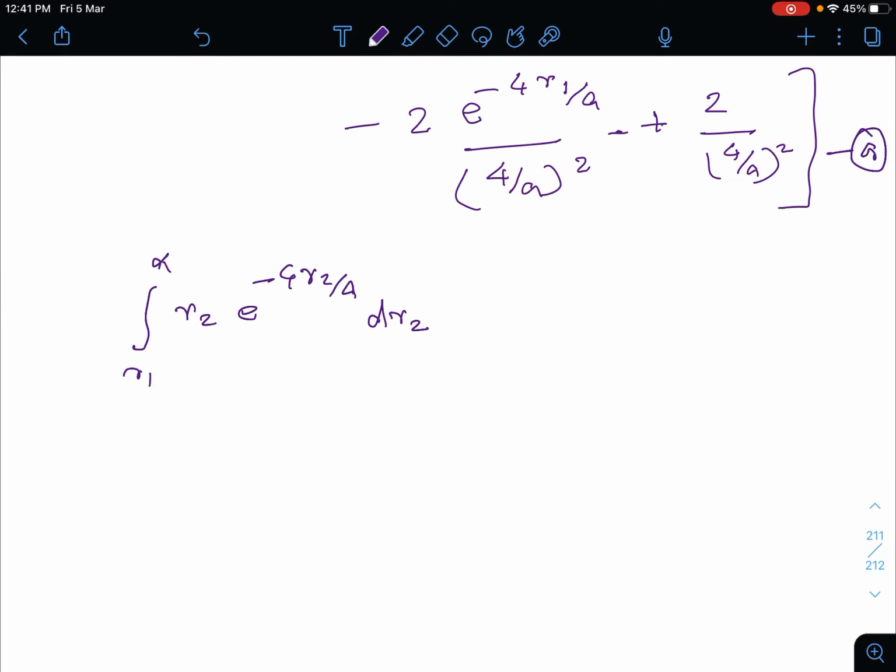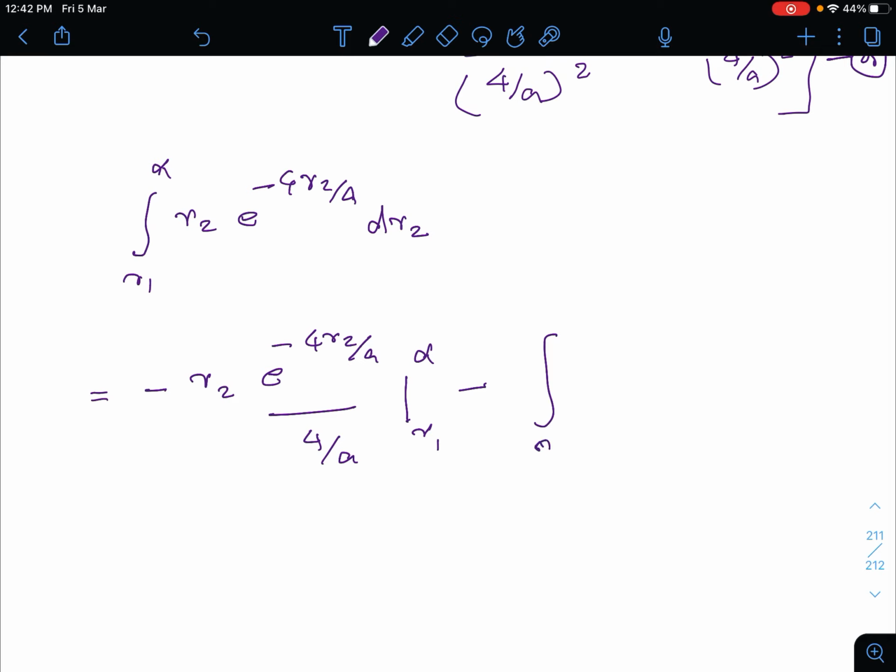So that is equal to first function into integral of the second function, minus r2 by a divided by minus 4 by a, limit r1 to infinity, minus integral of differential of the first function, that is 1, integral of the second function, minus 4 r2 by a divided by minus will be there, so it becomes plus 4 by a. Clear? dr2.